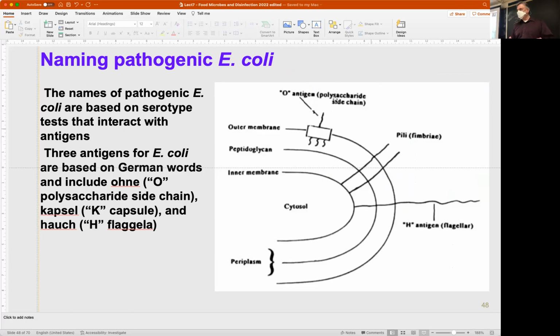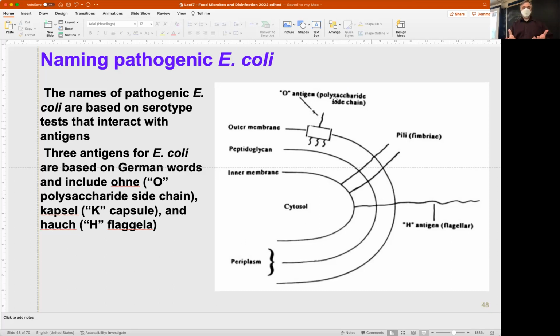There's another test called an H antigen test, which tests whether this E. coli bacteria reacts with the immune system, and in that case, it's the flagella. So the O antigen and H antigen from E. coli activate our immune system. Our systems recognize these parts of the bacteria, and that's why we have immunity tests based on them.